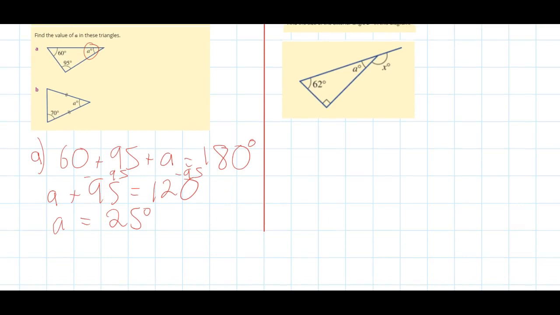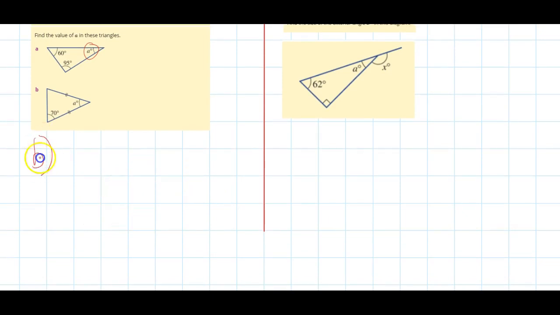Now let's move on to question B. Using the information from the previous videos, I know that this triangle is an isosceles triangle. That means the two sides, as I indicate here, and the two interior angles are the same. So this angle here will be 70.